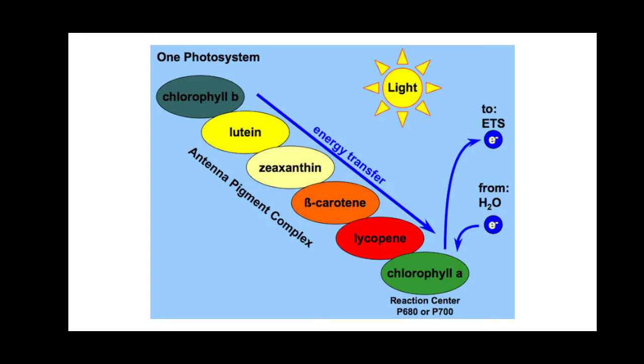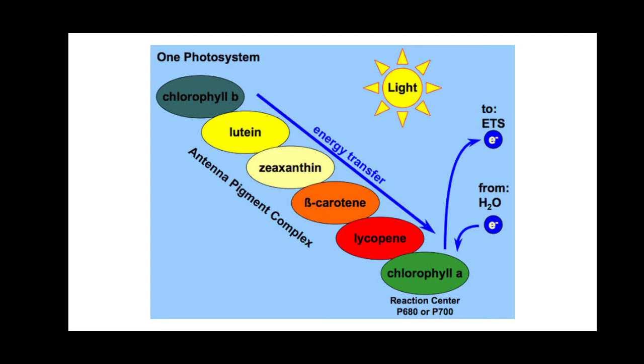But the one that can be found in the reaction center in nearly all plants is chlorophyll type A. Now, chlorophyll A can be of two varieties depending on the absorbance range, called P680 and P700. But the rest of them are there just to accept the light energy and then pass it down.